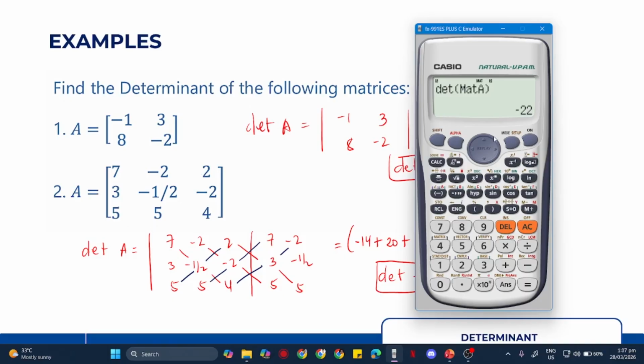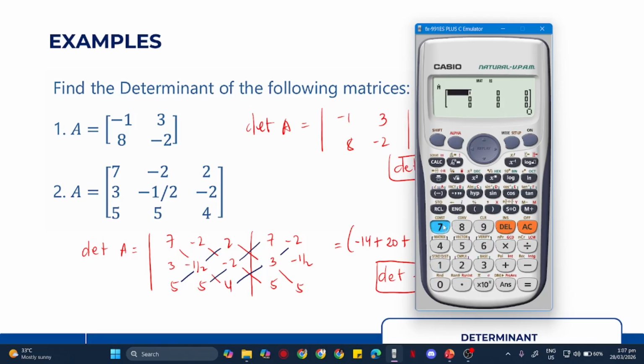Now, for this one, let's go to matrix again, to data this time, or you can also go back to this, 6 still. Matrix A again. This time, it is 3 by 3. Look for the 3 by 3, 1.